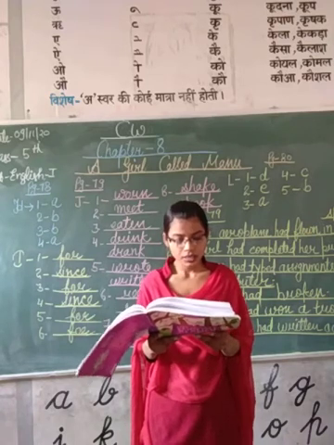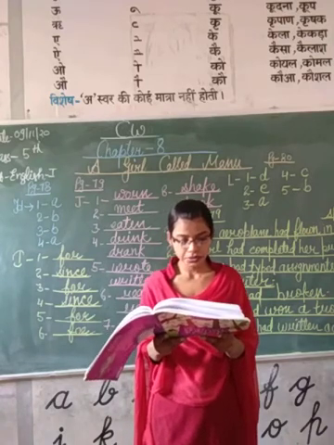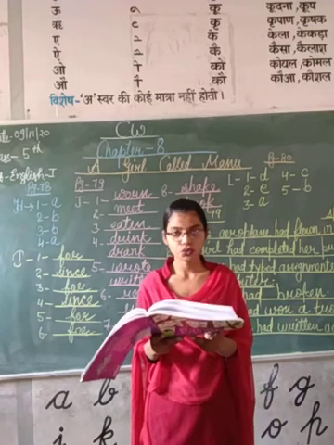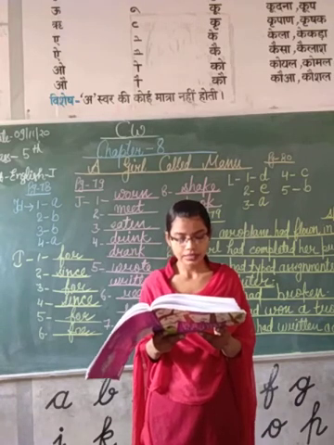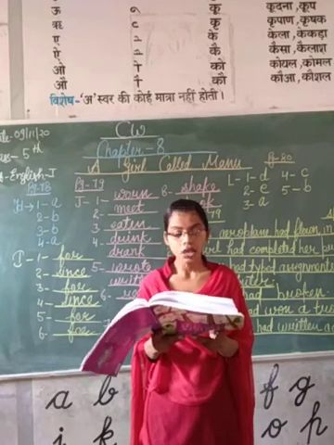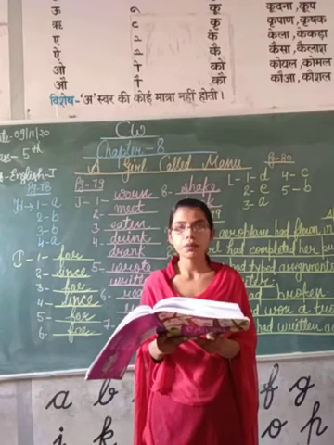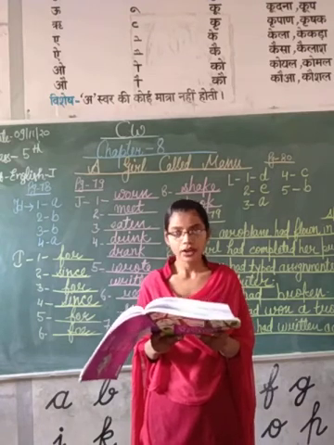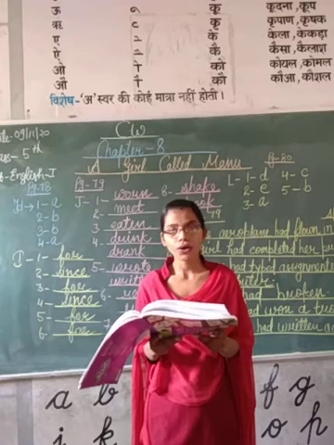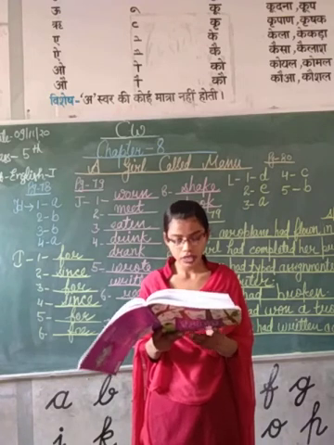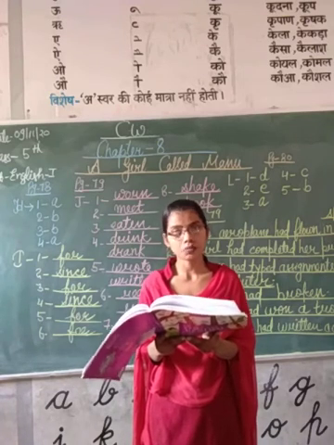Okay. Next example is, the sage had seen the baby girl's future. It is past participle form. Okay. Had and the third form of the verb is given. That's why we can say that it is a past participle.